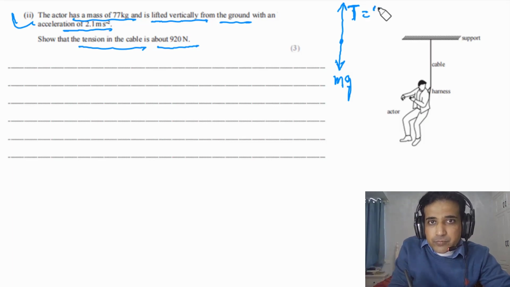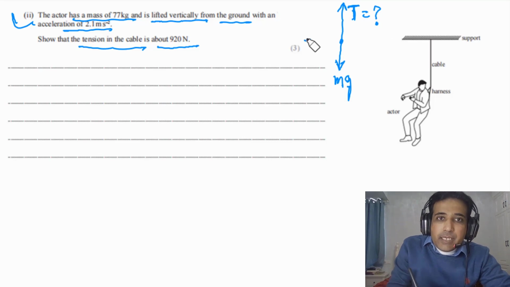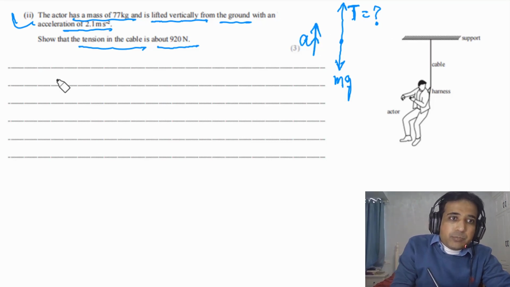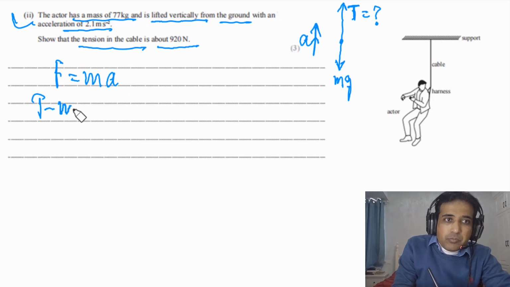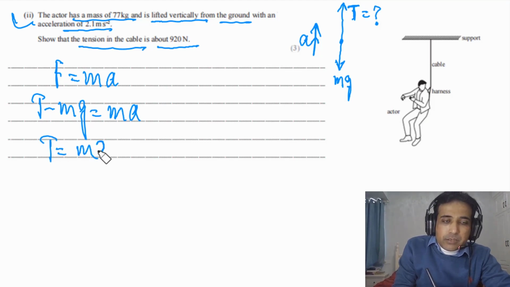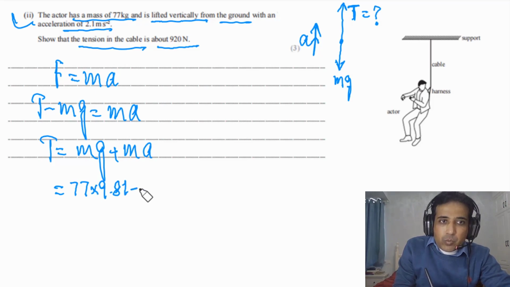For this question we need to find the value of T, and acceleration in this case is vertically upwards. So simply we can start with F net equals ma, and F net has to be equal to T minus mg, and this will be equal to ma. We need to find the value of T, so T is equal to mg plus ma, and we have the value of mass, 77 kgs, and we have the value of g, that is equal to 9.81.